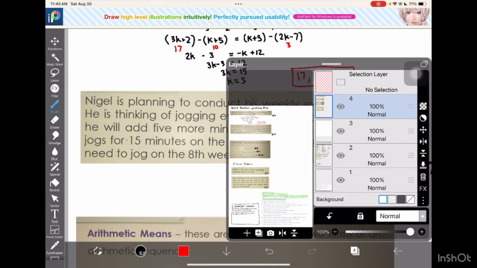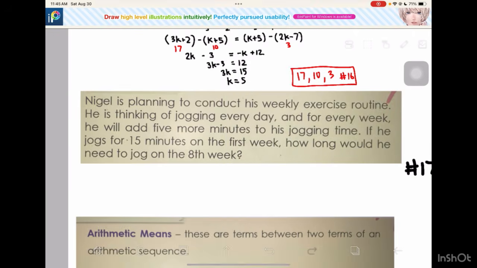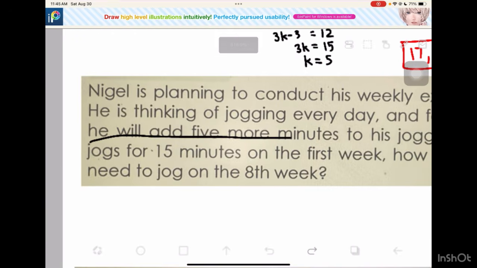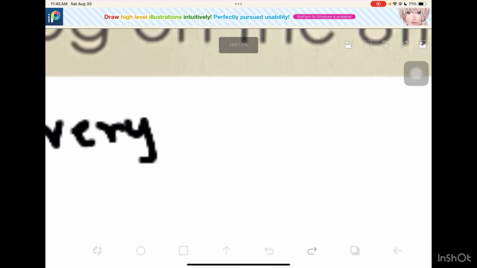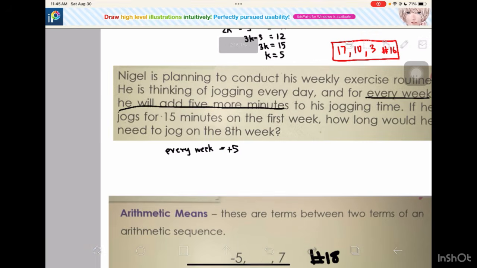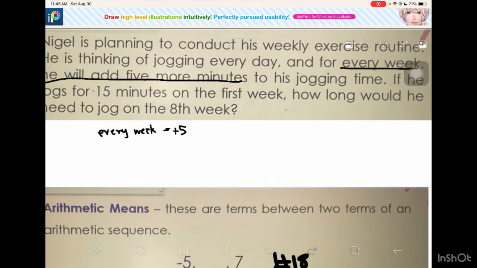So let's analyze this problem first. We have 2 clues here. For every week, we have 5 more minutes. So every week is equal to plus 5. And we also have a clue about his 15 minutes for the first week.